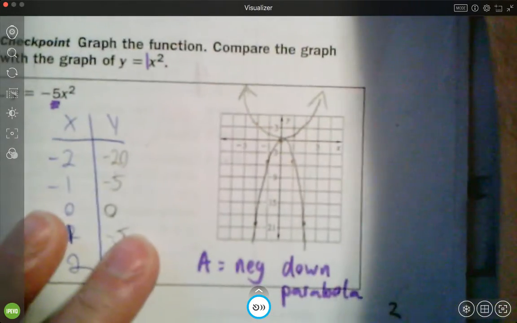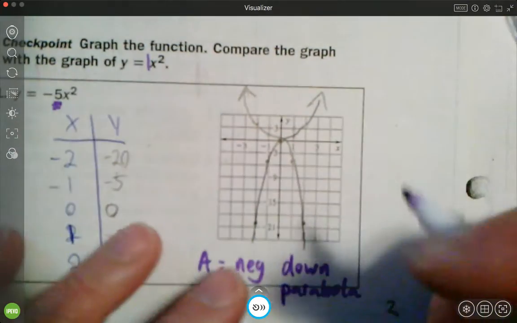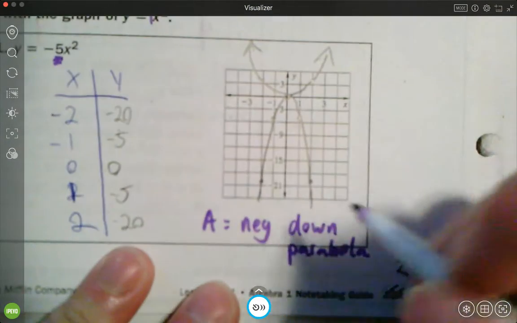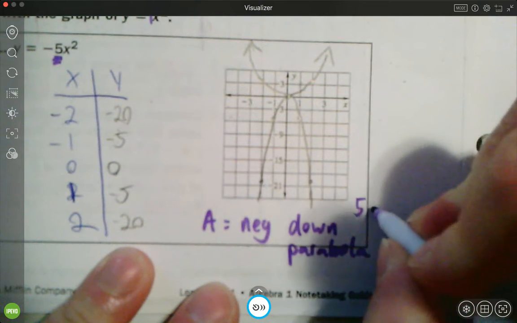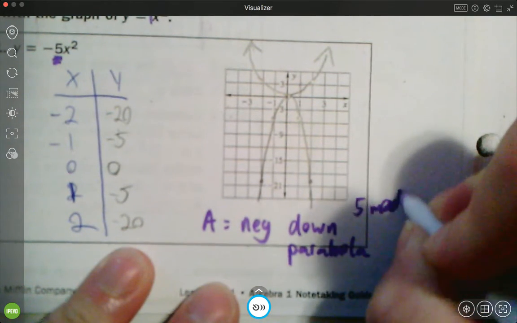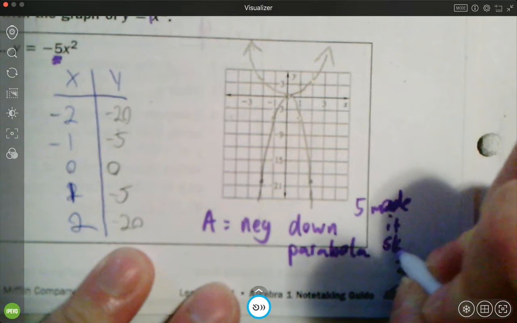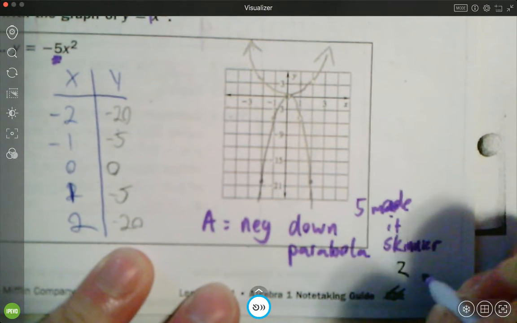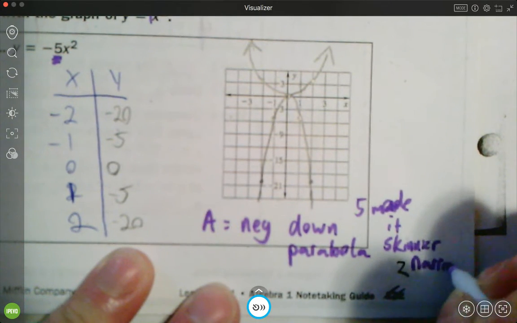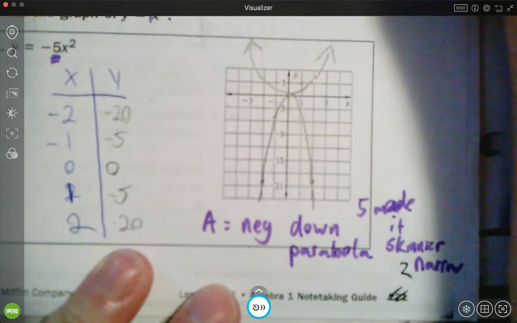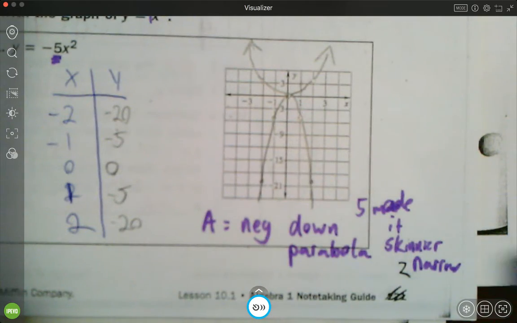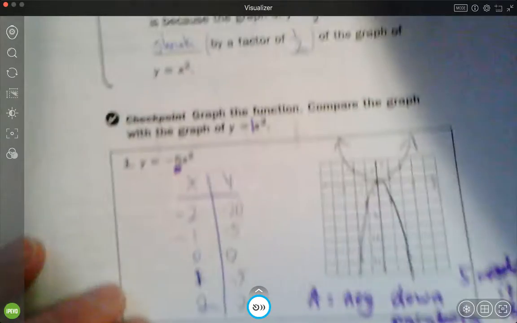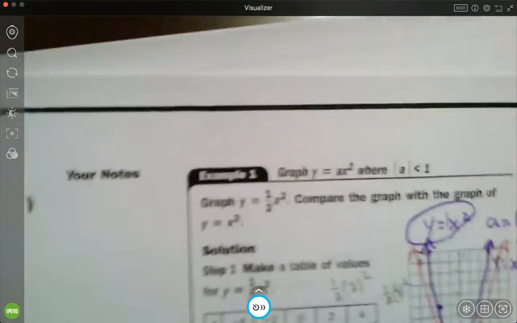Hopefully you noticed that it didn't make it wider, but it actually made it narrower or skinnier. So I'll say 5 made it skinnier or narrow. On another video, I'll use Desmos and show you exactly how this works. But for now, let's turn the page, and we're trying example 2 and example 3.